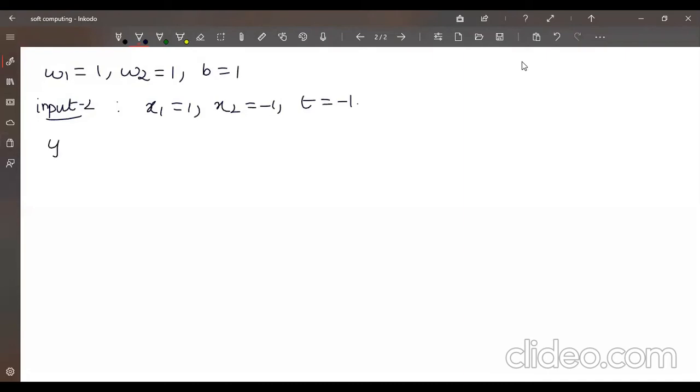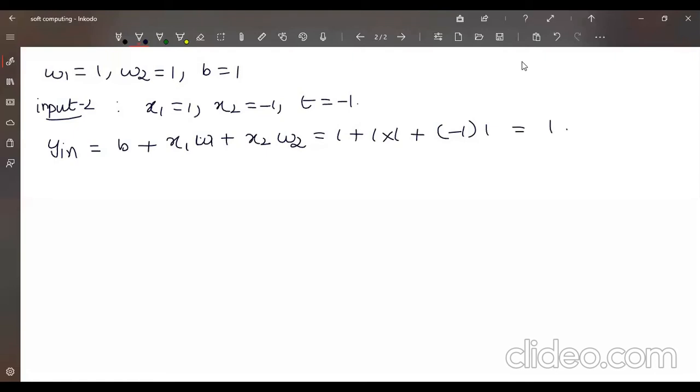So now find Yin is equal to bias value plus X1 W1 plus X2 W2. The bias value is 1, plus X1, which is 1, into W1, which is 1, plus X2, which is minus 1, into W2, which is 1. That is equal to 1 plus 1 minus 1, which is 1. Now we have to find the Y value.